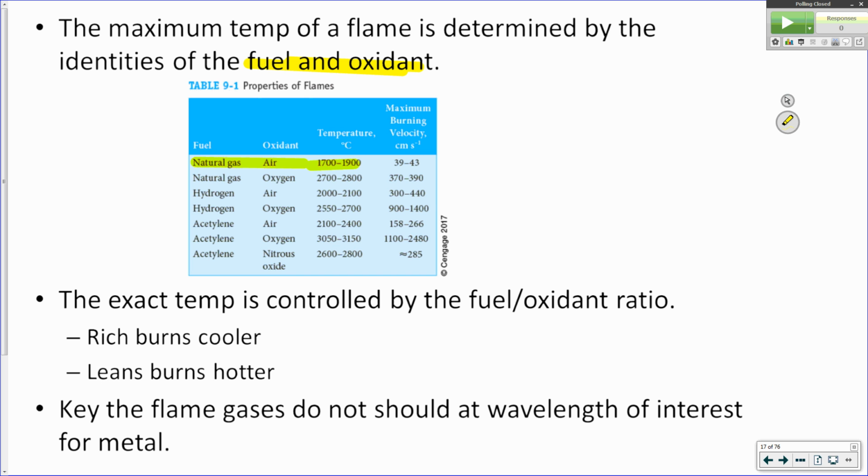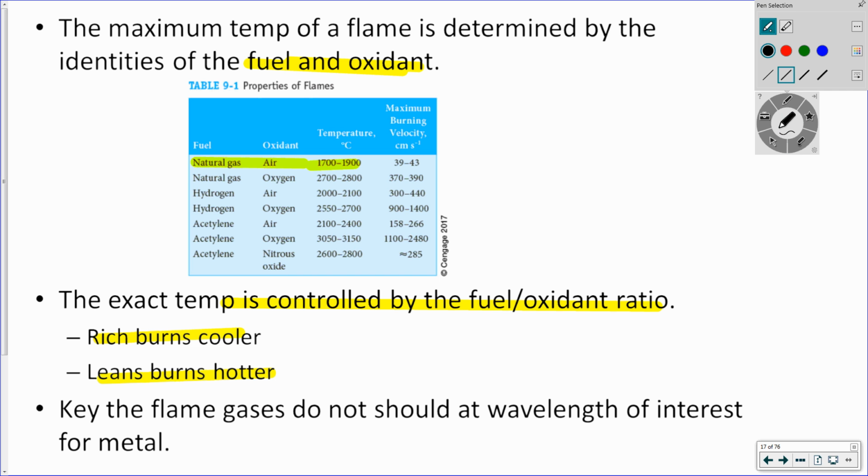So anytime you have a fuel oxidant mixture, the exact temperature is going to be determined by whether or not the flame is rich or lean. So let's make sure we know what those terms mean. What does it mean for something to be running rich? Excess fuel or excess oxygen?